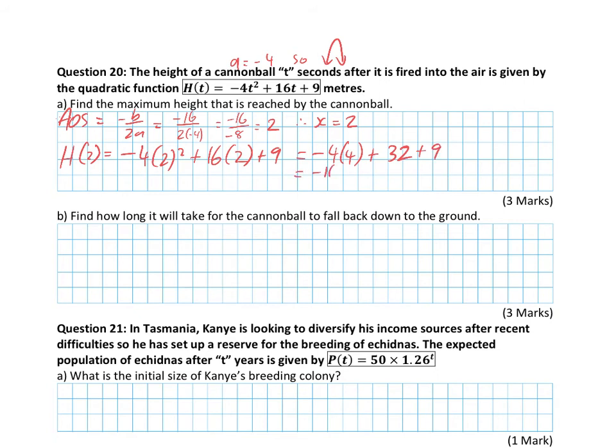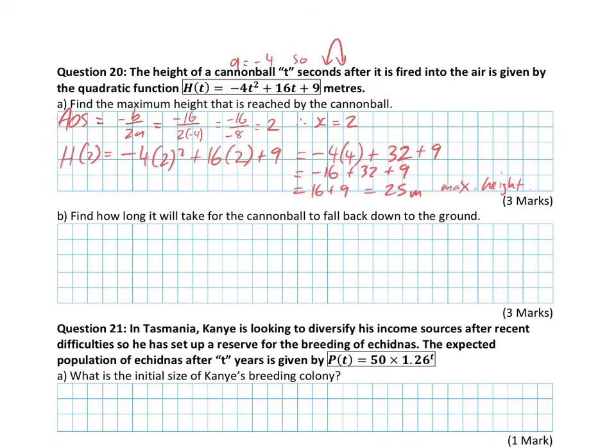Negative 4 times 4 is negative 16, plus 32 plus 9. Negative 16 plus 32 is going to be 16, plus 9. 16 plus 9 is equal to 25 meters max height.